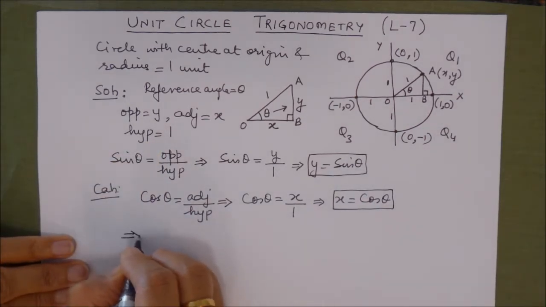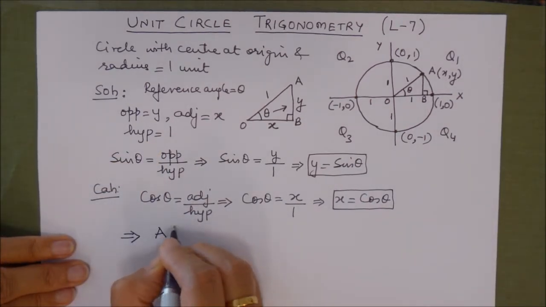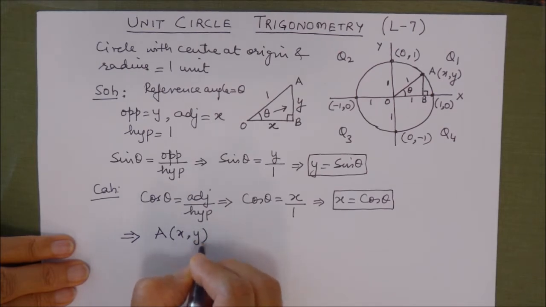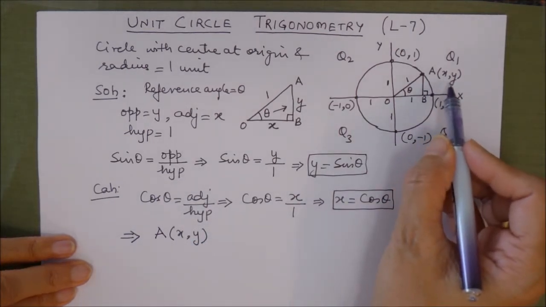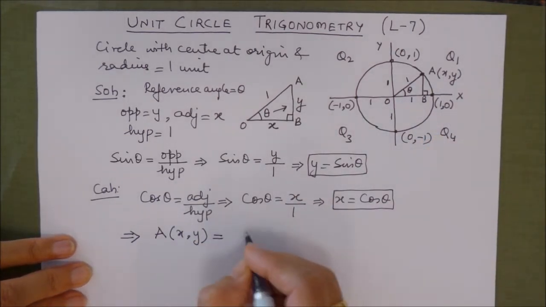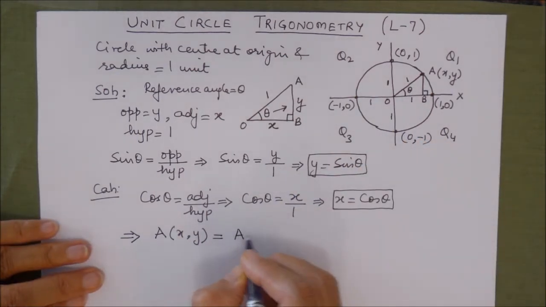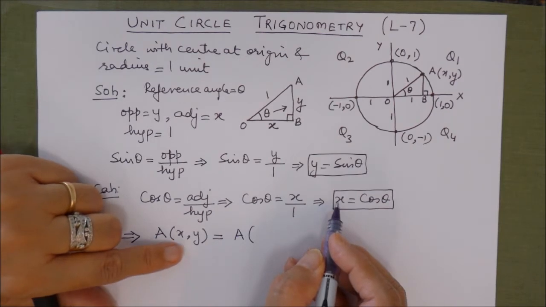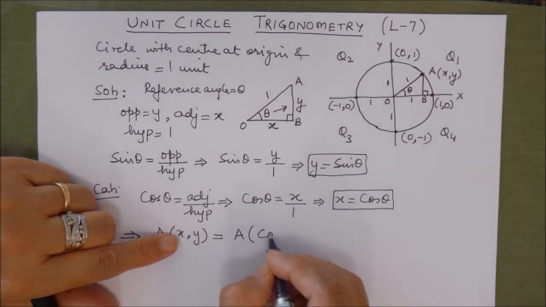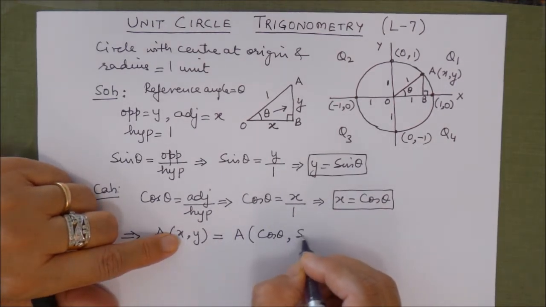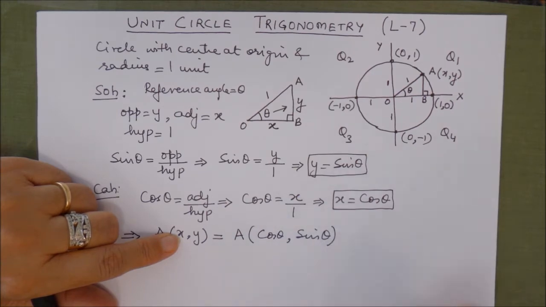So this gives us that any point which is taken as x, y here on the unit circle with center at origin is then represented as x is cos theta, and y is sine theta.